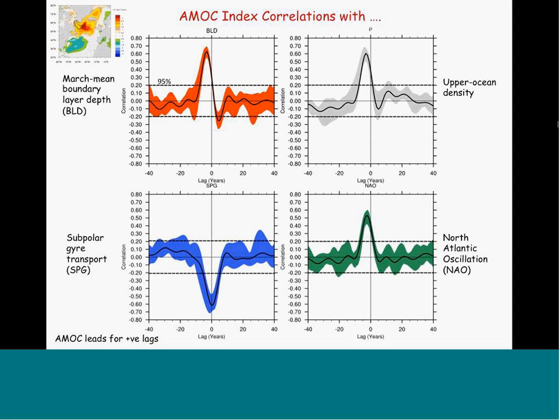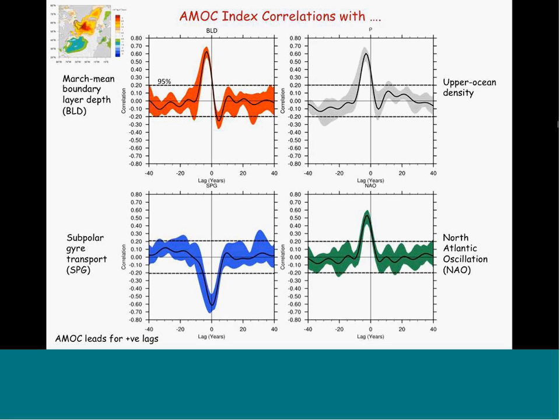Again, the black is the ensemble mean, and the shading indicates the spread, the minimum and maximum ranges among the models. Consistently, what we are seeing is that larger densities lead to larger boundary layer depths in the Labrador Sea region, which in turn is leading AMOC changes in our models.